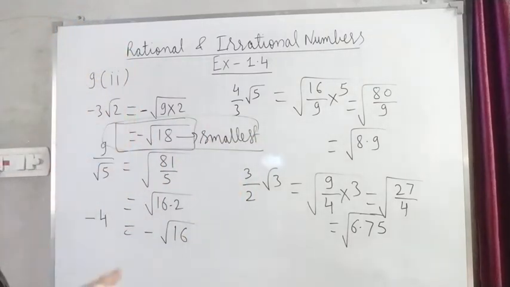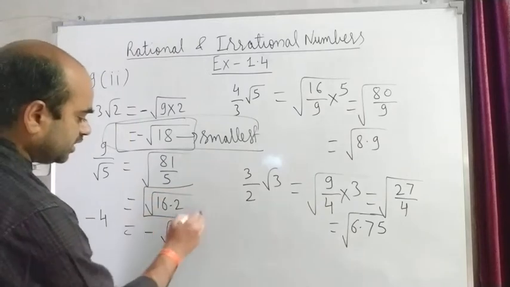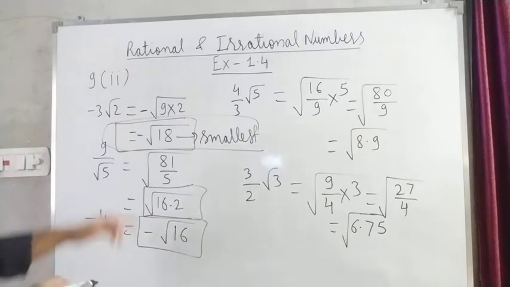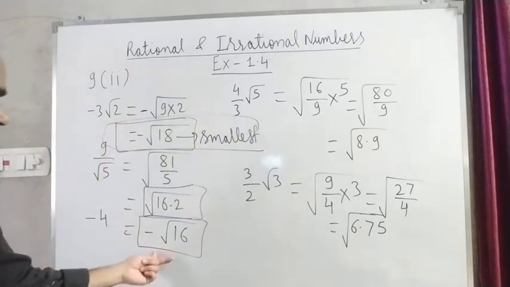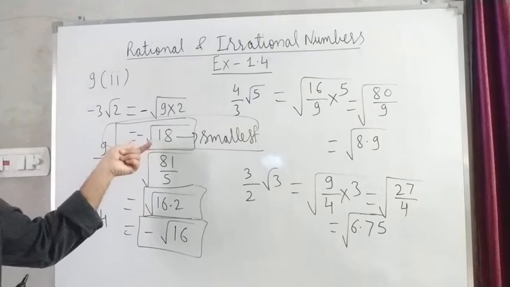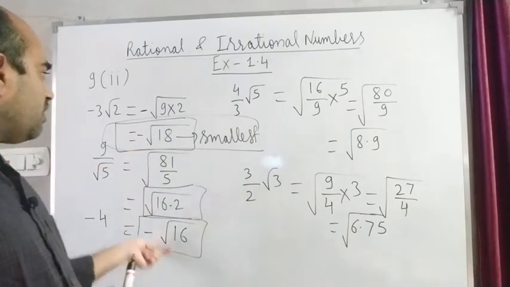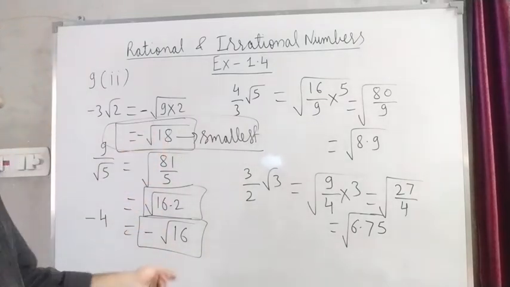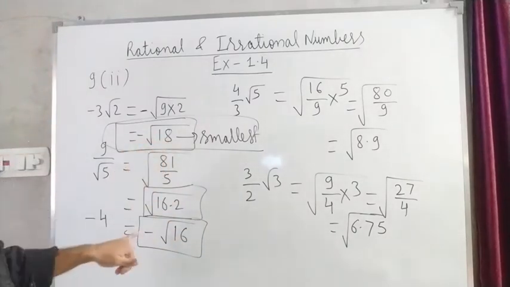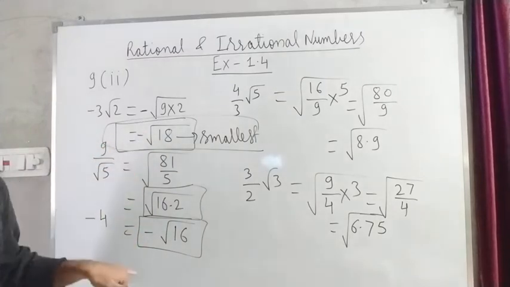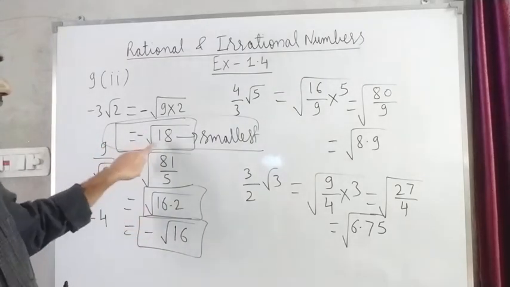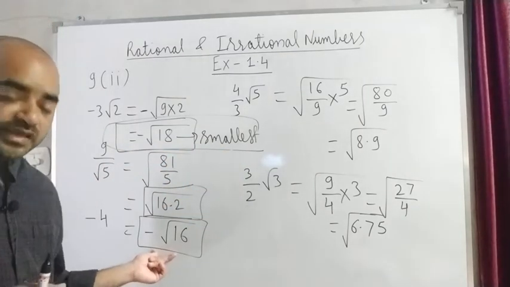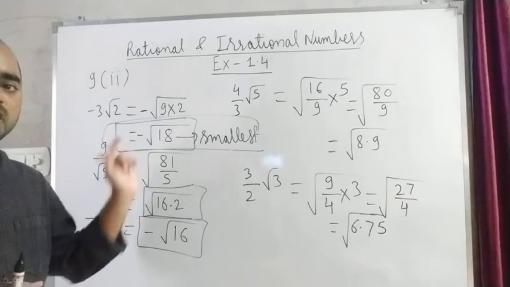Now the remaining numbers are root 16.2 and minus root 16. See, we have two negative numbers, minus root 16 and minus root 18. Which one is greater? If both are in square root, root 16 and root 18, but preceded by a negative sign, then minus root 18 will be smallest and minus root 16 will be greater than minus root 18.